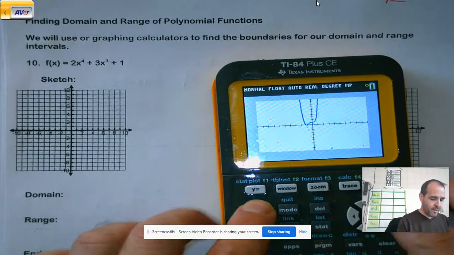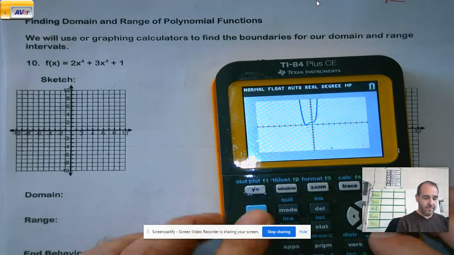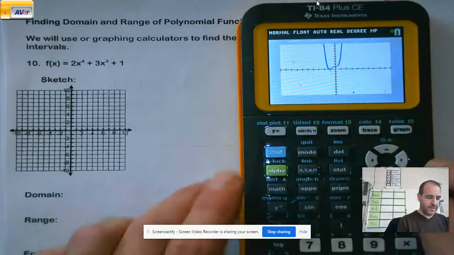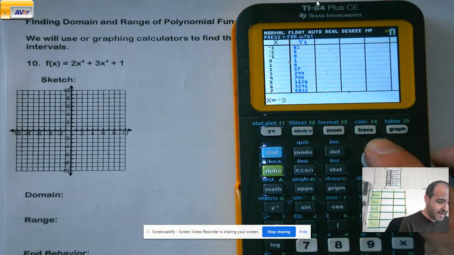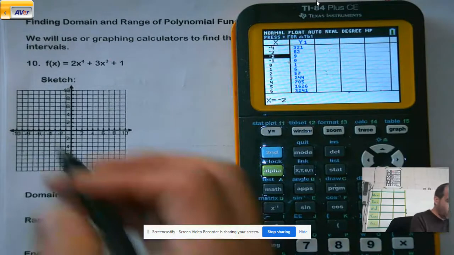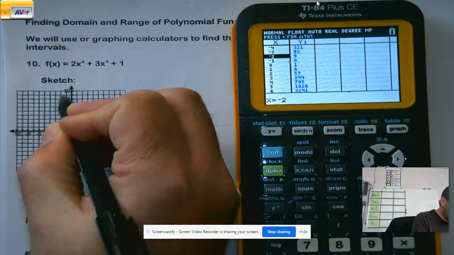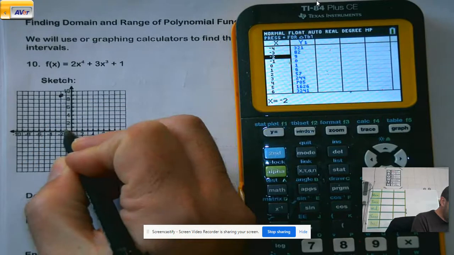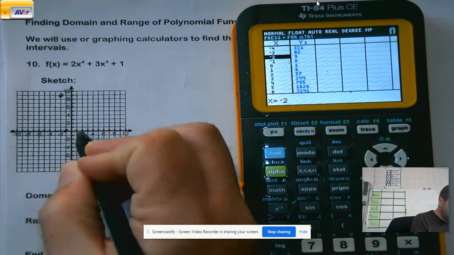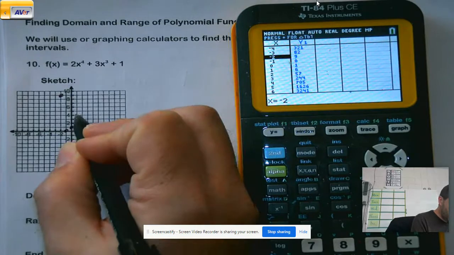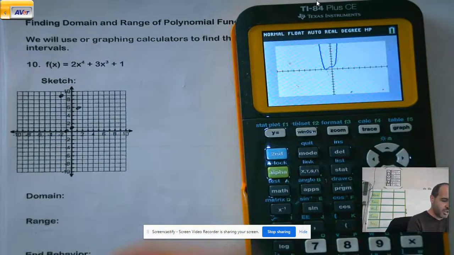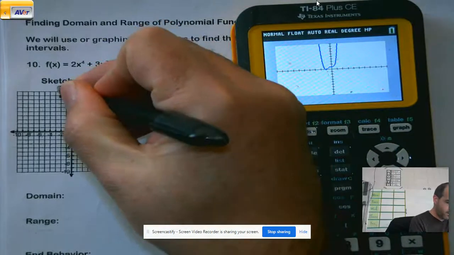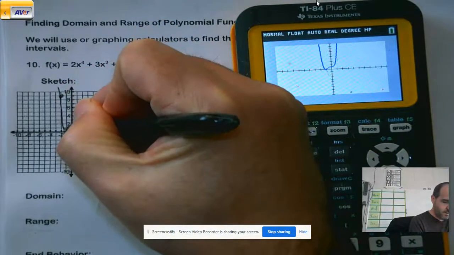Here's what I'm going to do to be a little more accurate. I'm going to do second graph. I want the table. I don't want numbers that big, I'll guarantee that. Anything that will fit in your screen. So -2, 9, and -1, 0, 0, 1, and 1, 6. And then I'll look at the picture again here. So I'm like, all right.